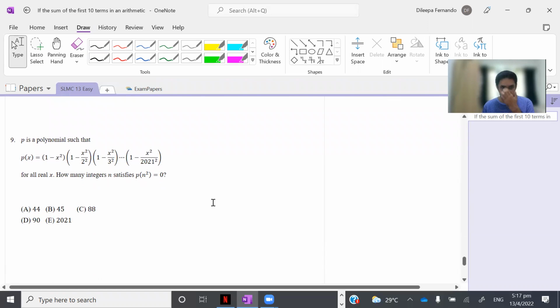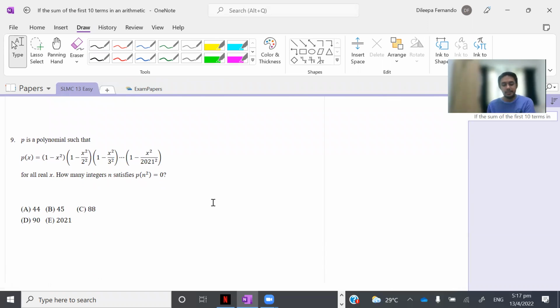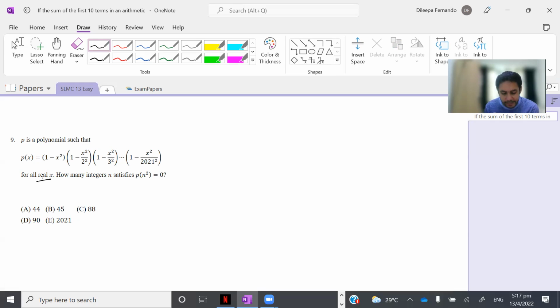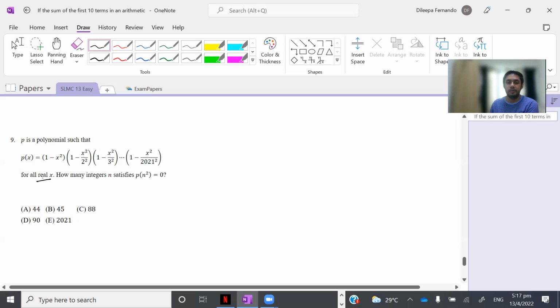Okay, now this question. P is a polynomial such that P(x) equals this product for all real x. Real x, so this is important. It means x can be positive, negative, 0, anything. How many integers n satisfy P(n squared) equals 0? Okay, forget about n squared.